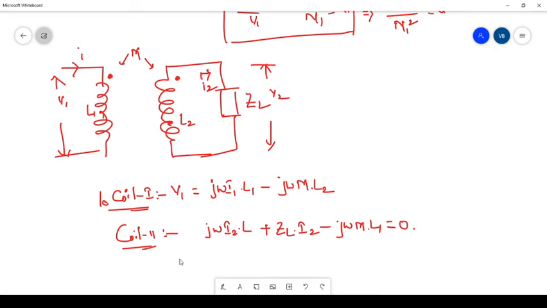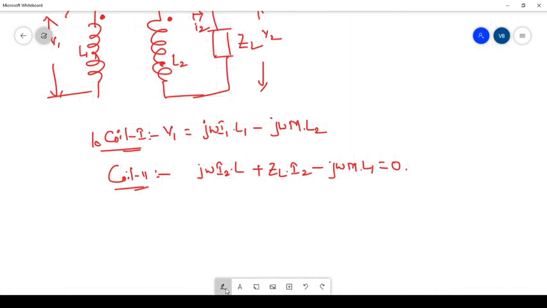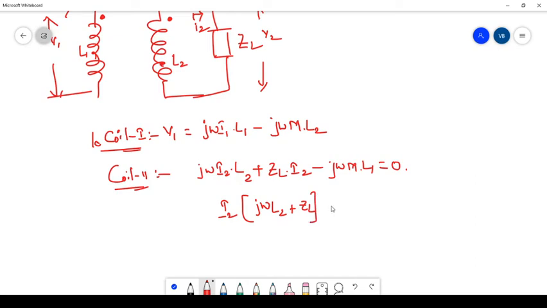So if we simplify this equation, take I2 as common from these two terms: j omega L2 plus ZL, into I2, equals j omega M into I1.